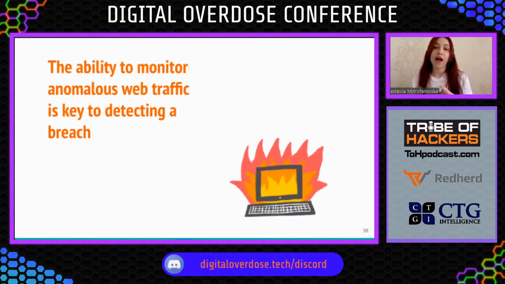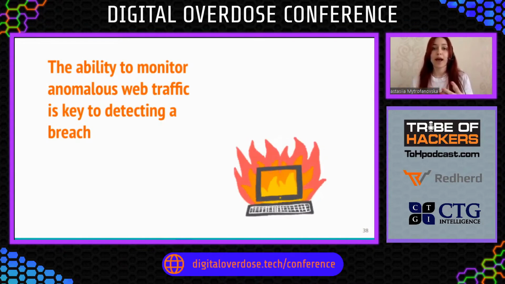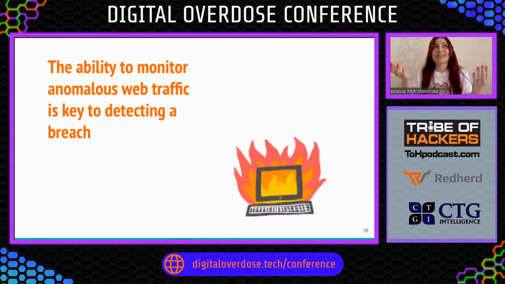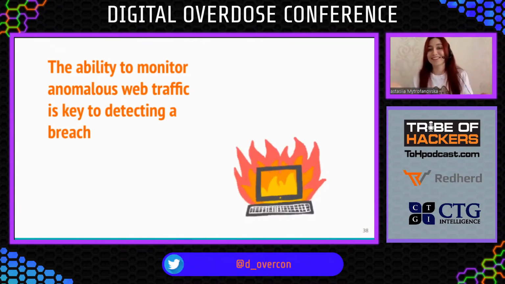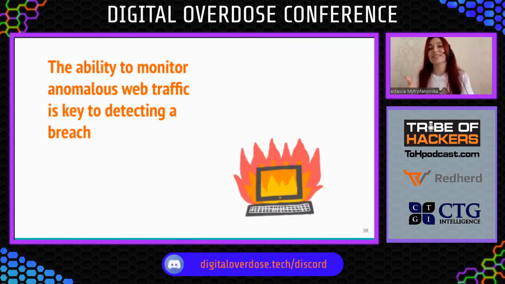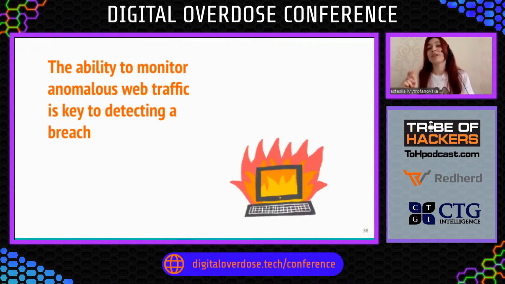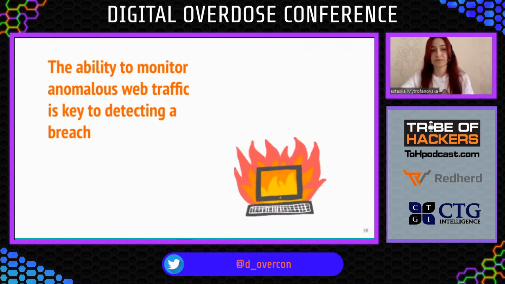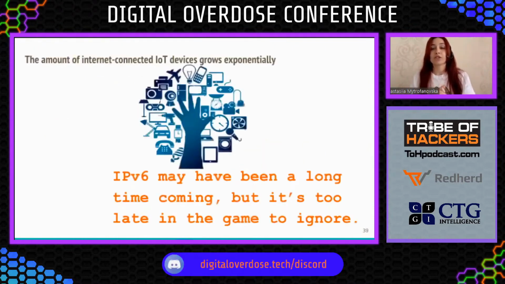For example, if threat intelligence feeds haven't prepared to analyze IPv6 addresses, they are faced with big black holes in the data sets. And the main point here for me is that the ability to monitor anomalous web traffic is actually key to detecting a breach.